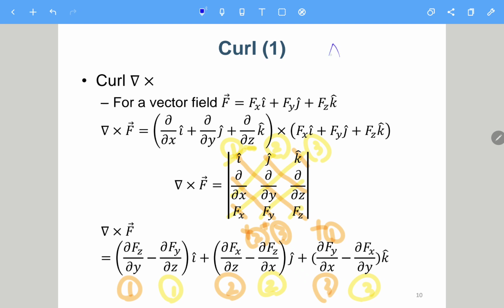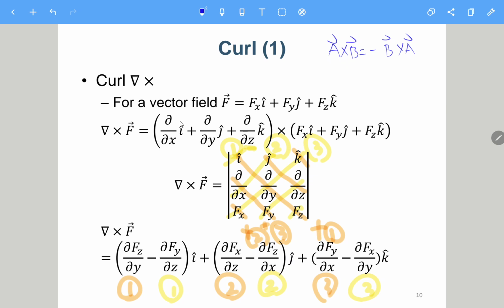If you have a cross b and b cross a, they should have a negative sign. For cross product, you cannot exchange it arbitrarily.